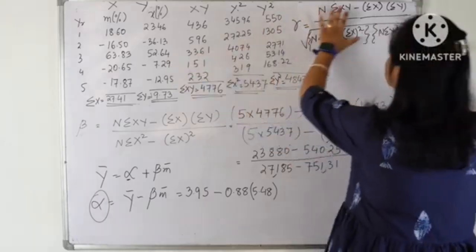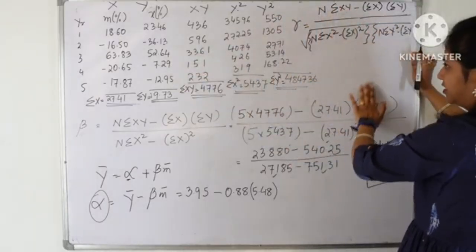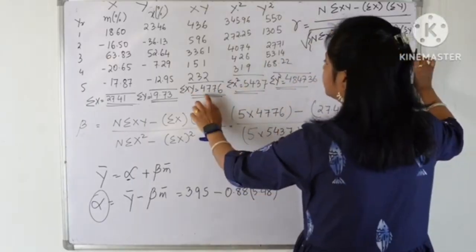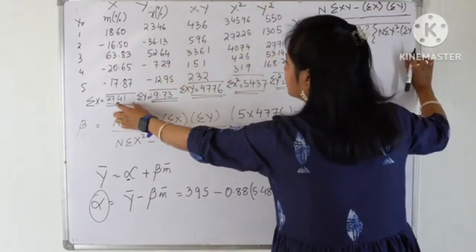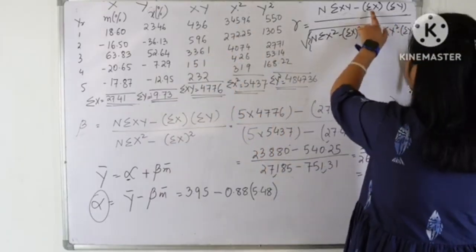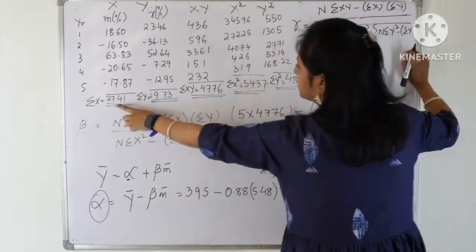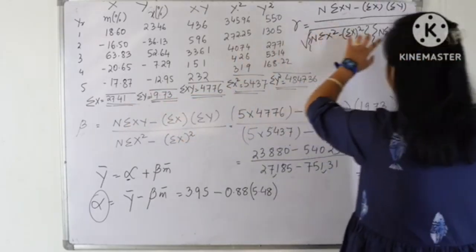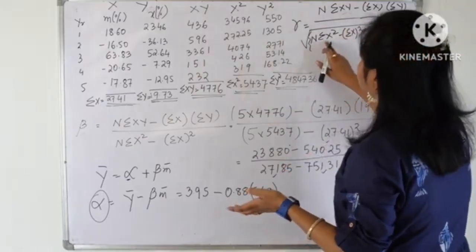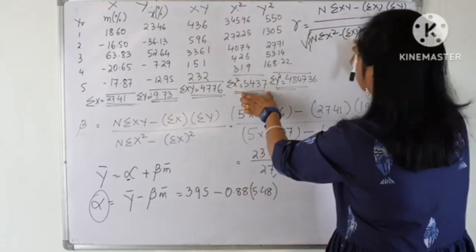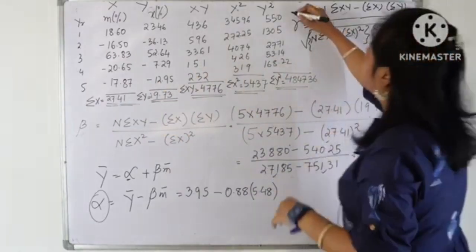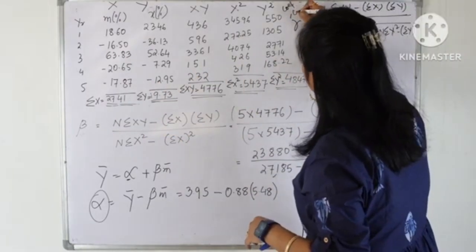So if this information is with you, n is 5, sigma xy is here, sigma x is this, sigma y is this. What I am calling sigma is actually summation. N into sigma x square, and this is also there, sigma x whole square. So I'll square it. Everything is in front of me, so we can calculate this. This is called the coefficient of correlation.